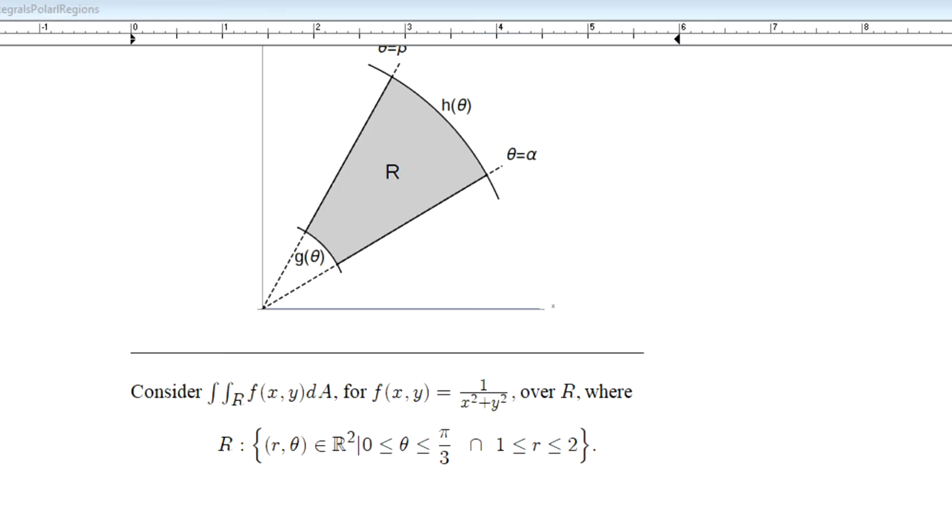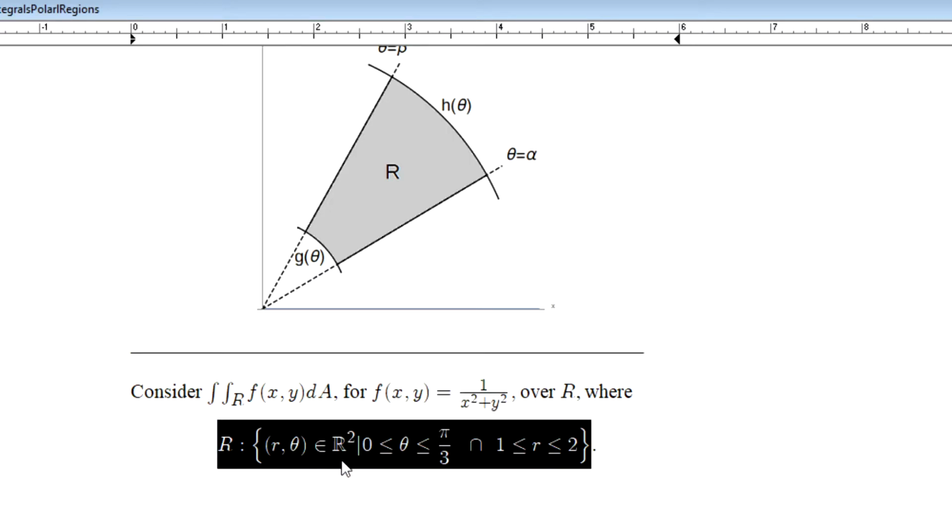This double integral occurs for this multivariable function f in terms of x and y, given by 1 over x squared plus y squared, over this region R, where we can see R has been defined in this polar context.